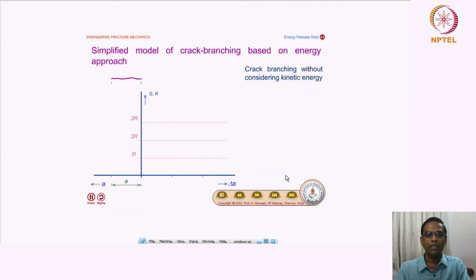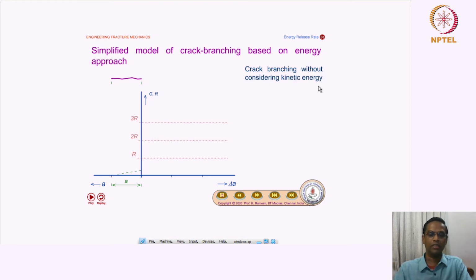So the energy release rate gives some idea by a simple model, a schematic. These are all schematics, but what you have to appreciate is that the conceptual understanding comes better by this kind of schematic. This is an important idea. So we will now look at the simplified model of crack branching based on the energy approach, the crack branching without considering the kinetic energy.